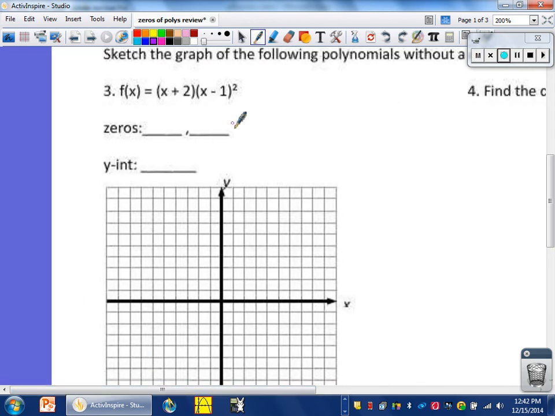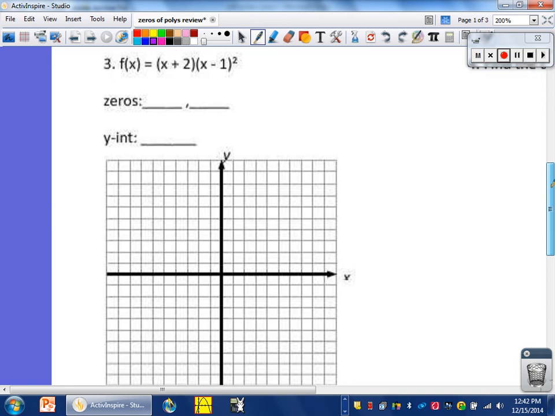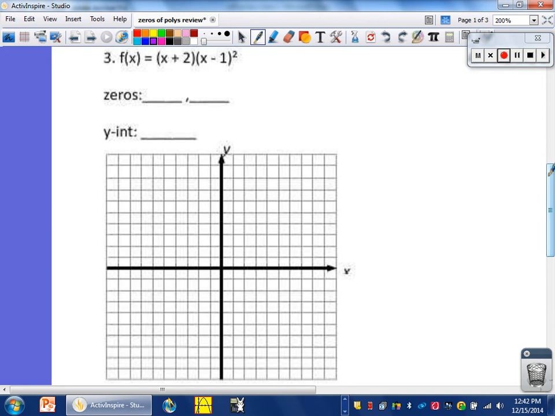Okay, so we're going to sketch, not perfect, just sketch, finding the zeros and the y-intercept. So the zeros are, of course, negative 2 and positive 1. The graph will cross at negative 2 because it has an odd multiplicity, and the graph will bounce at positive 1 because it has an even multiplicity.